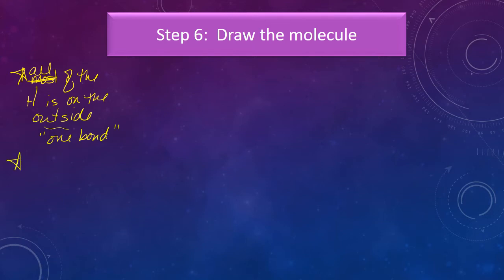The second general guideline is that the least electronegative atom is usually in the center. Usually.